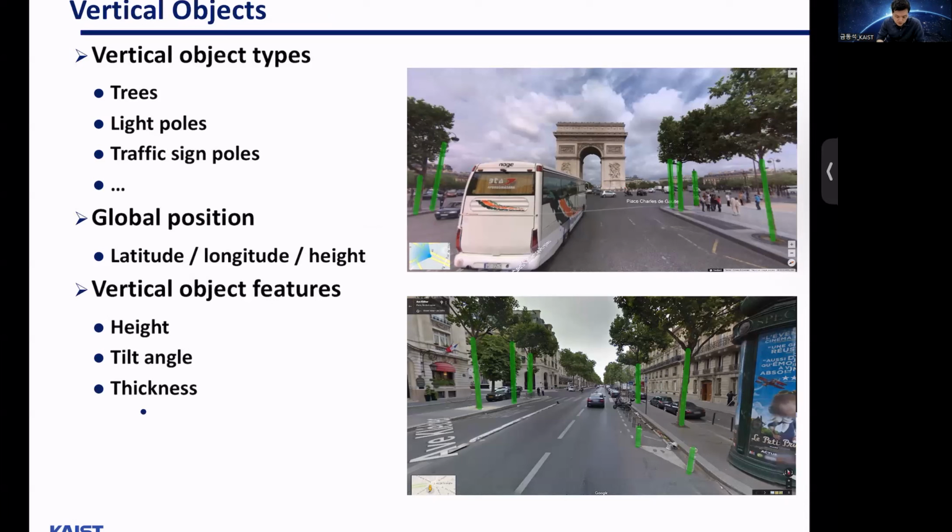Vertical objects are all over the place. It's always there. So, trees, light poles, traffic sign poles.